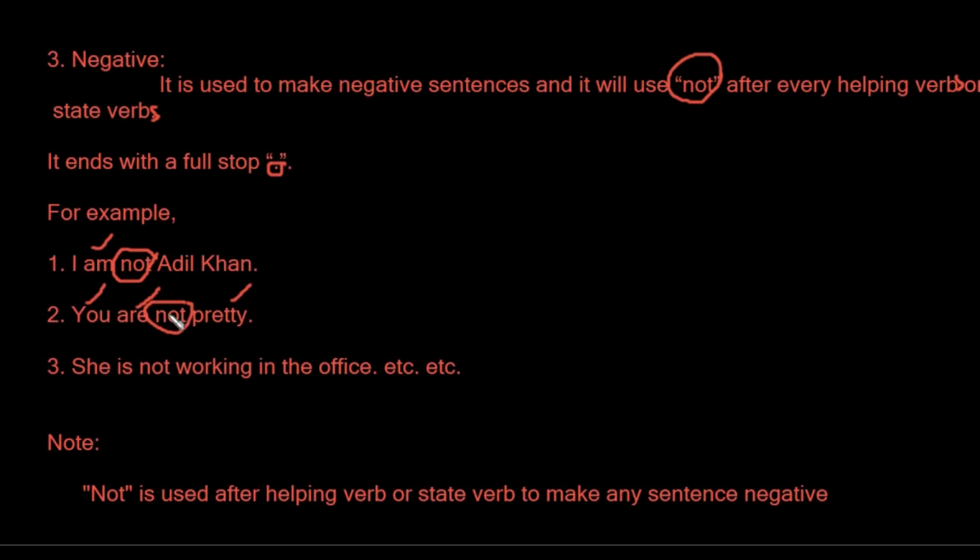So you are not pretty: you subject, are stative verb, and not is a negative. Like I said before, it will use not. So the not will be used after every helping or stative verb. So this is a helping verb, this is a stative verb, and this is also a stative verb, and I'm using not after this. Not after a helping verb and stative verb. So these are the stative verbs, and I'm using not after this.